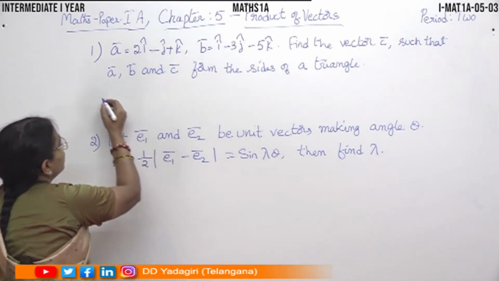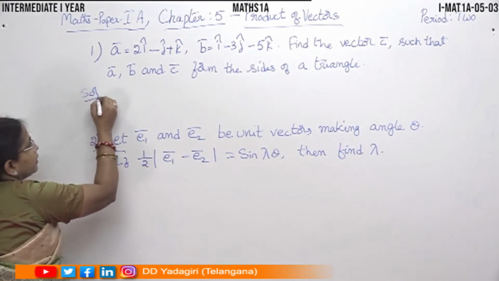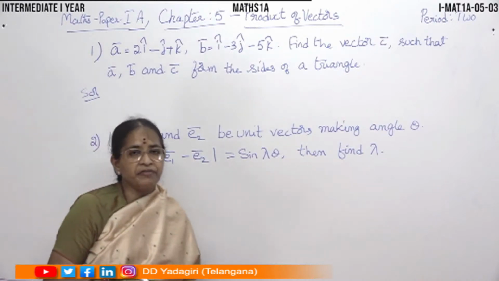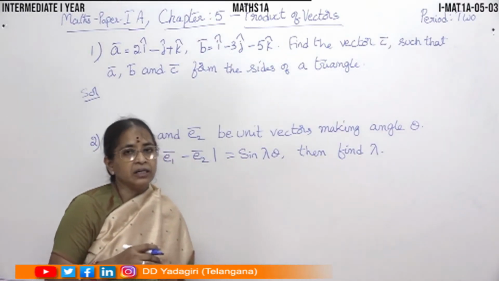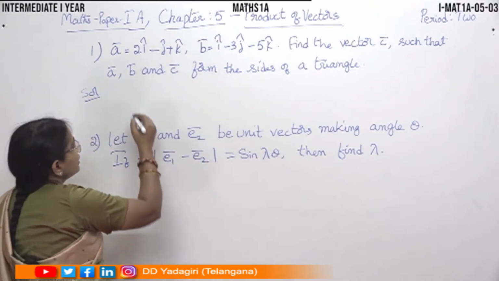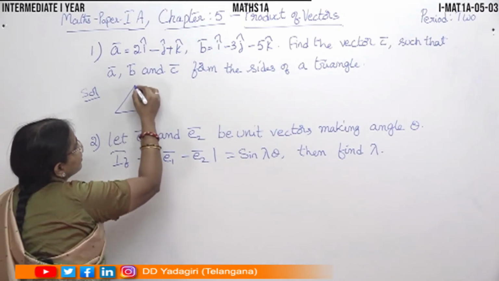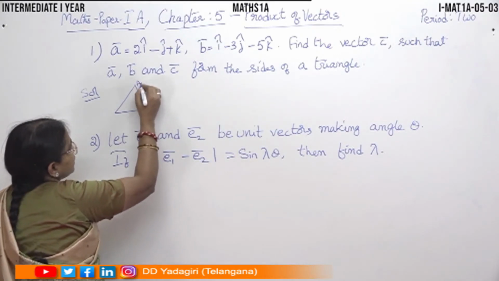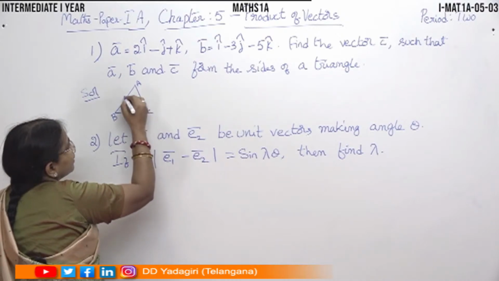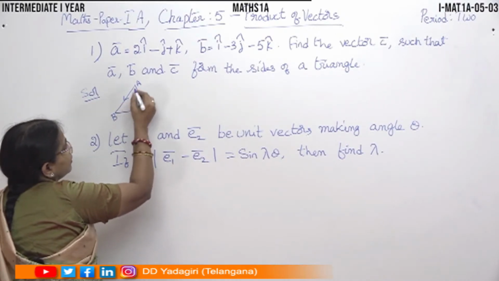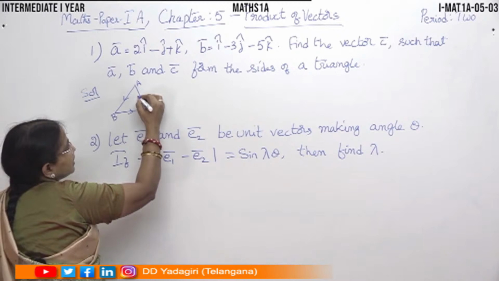Now in the first chapter, in addition of vectors, you have learned the triangle law of vectors. What is the triangle law of vectors? Suppose that ABC is a triangle, then AB plus BC is equal to AC.